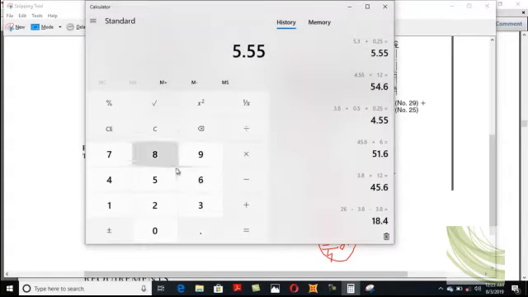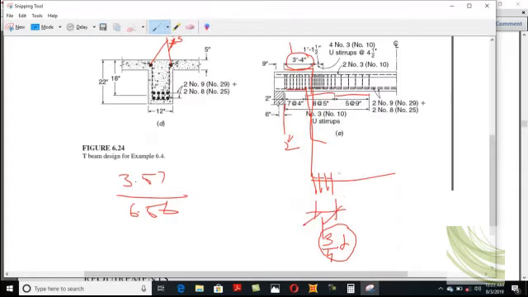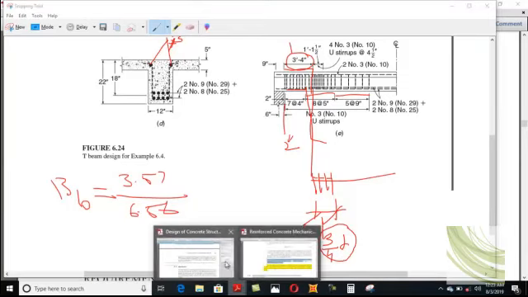So let's check it. 3.57 divided by 6.56, I think, gives me 0.45. They're taking it as 0.5. Okay, so this beta b is a kind of ratio. It is a ratio of the cutoff bars to the continued bars.